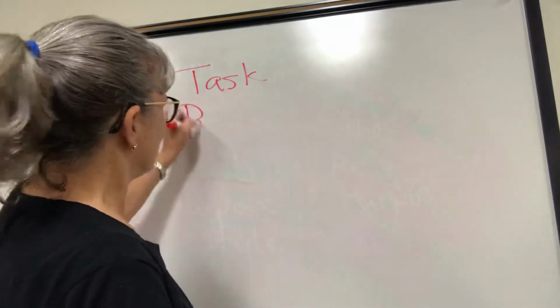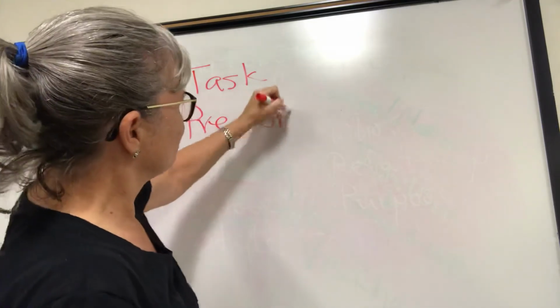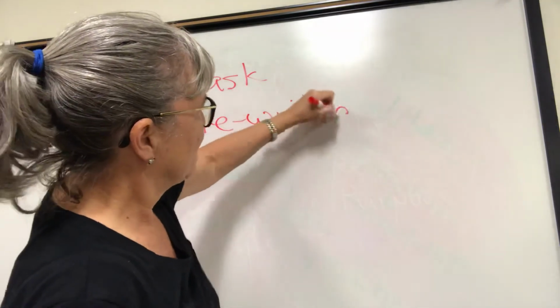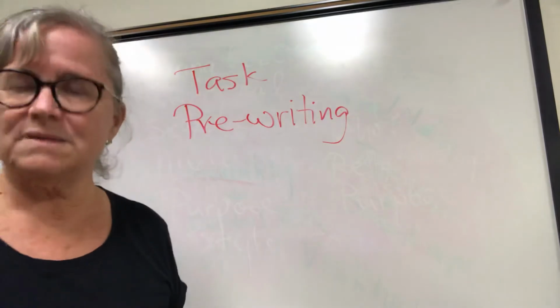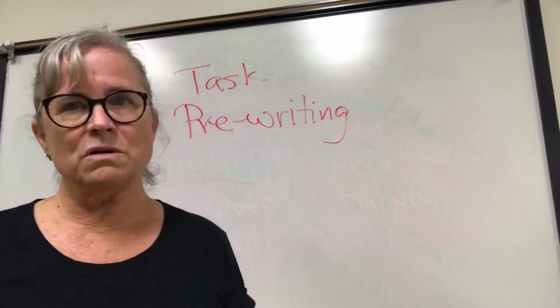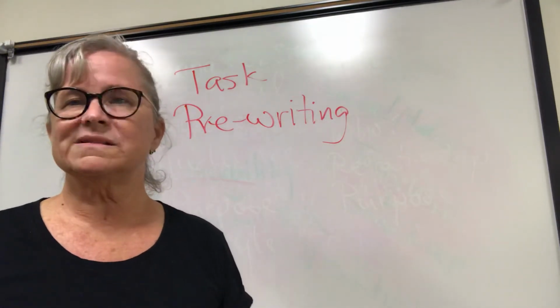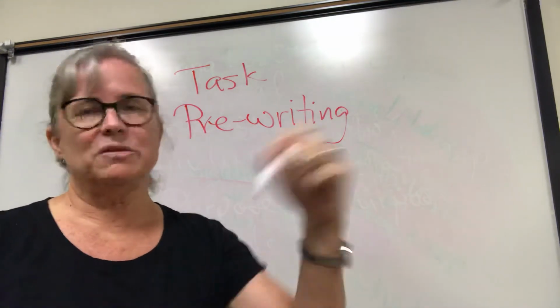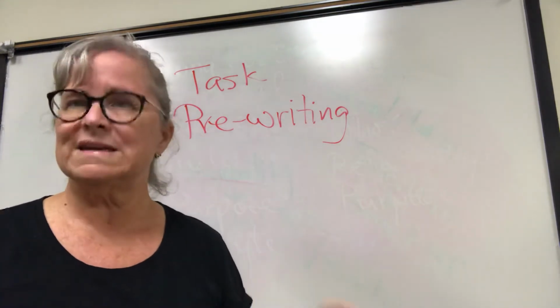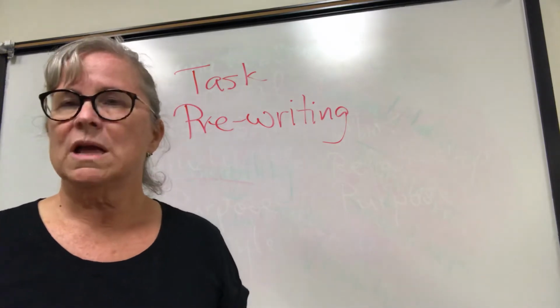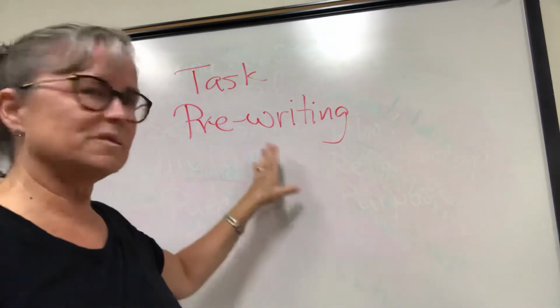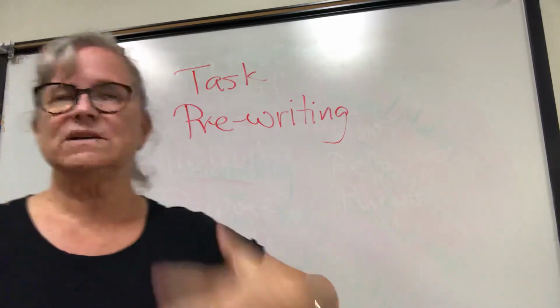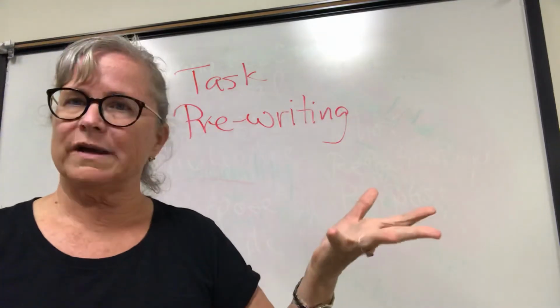You're going to go through some pre-writing activities, right? Maybe you like to brainstorm, maybe you make lists, maybe you talk through your ideas with somebody, maybe you just kind of jot down your ideas to get them down on paper. But hopefully you go through some pre-writing activities to get your ideas flowing.